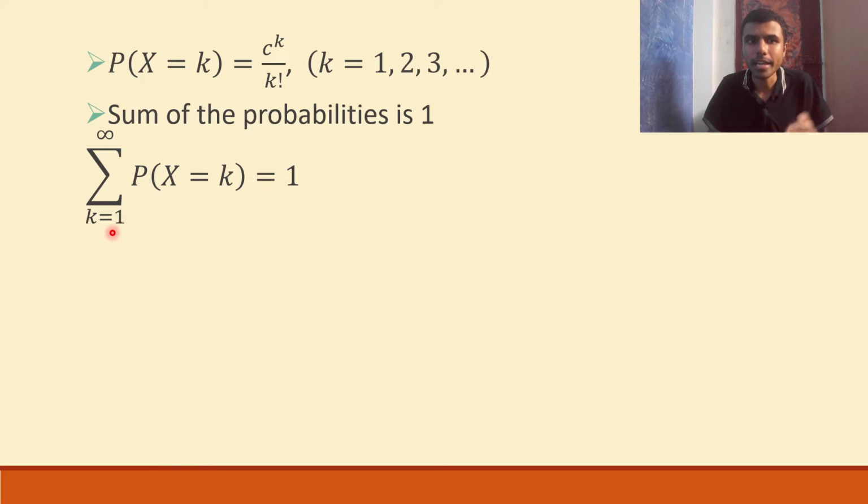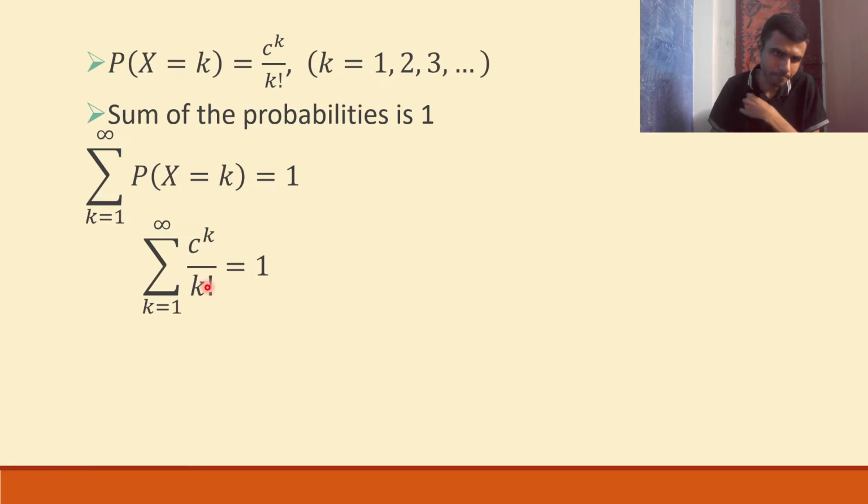That means X will be 1, then P of X equal to 1 plus P of X equal to 2 plus P of X equal to 3 plus P of X equal to 4 plus and so on. That is nothing but 1. What is X equal to k? The probability that X is k is c^k by k factorial. So sigma k runs from 1 to infinity, c^k by k factorial is 1.